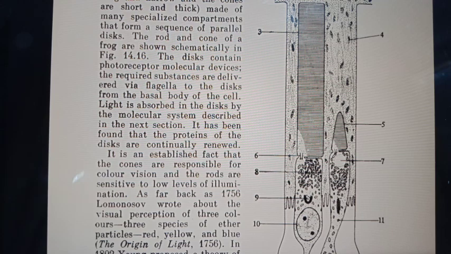The required substances are delivered by flagella to the disc from the basal body of the cell. Light is absorbed in the disc by the molecular system described in the next section. It has been found that the proteins of the disc are continually renewed.